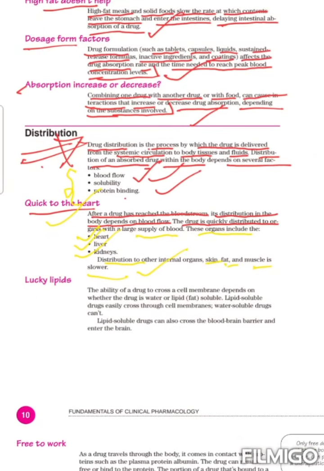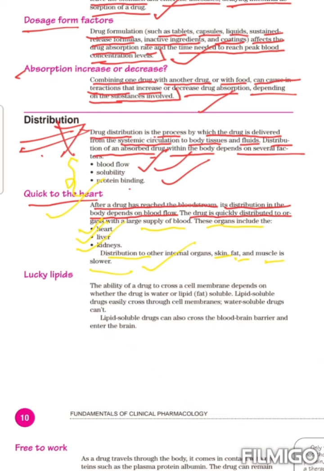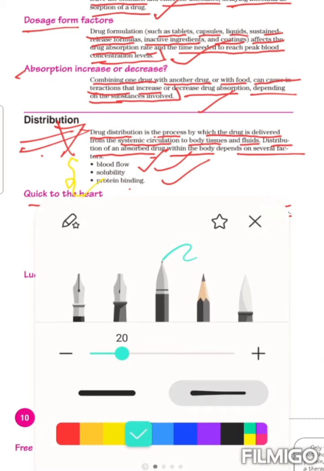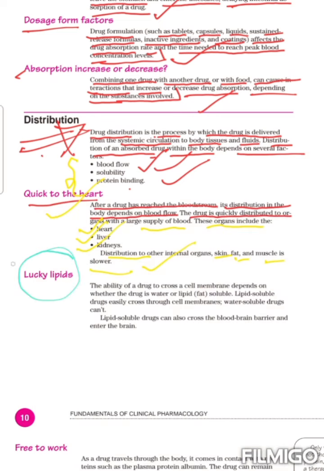Okay, "lucky lipids." Here you can see a very interesting word, lucky lipids. Why is lipid lucky? I'll explain. The ability of a drug to cross the cell membrane depends on whether the drug is water or lipid soluble.